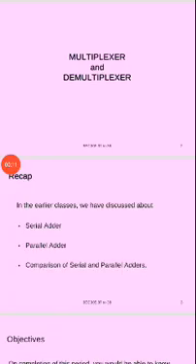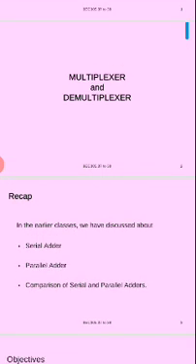Today we are going to discuss a topic called multiplexer and demultiplexer. We already discussed some topics: half adder, full adder, parallel adder, and two's complement adder.